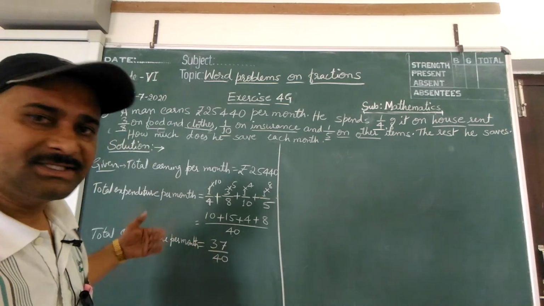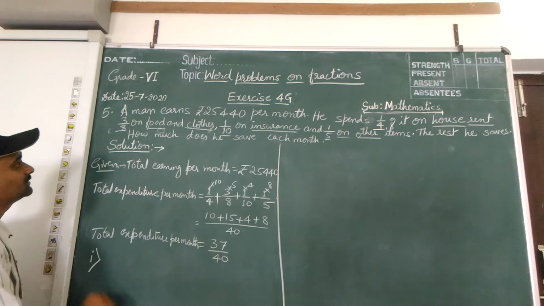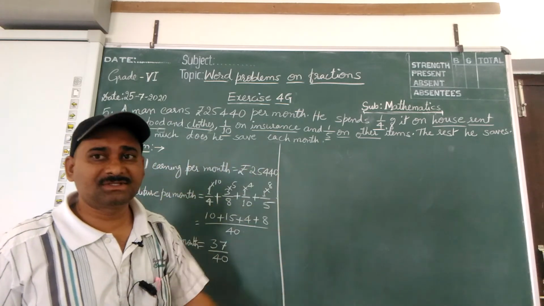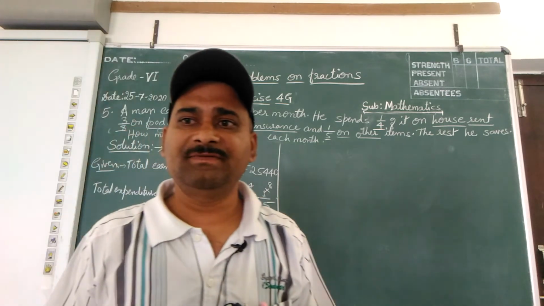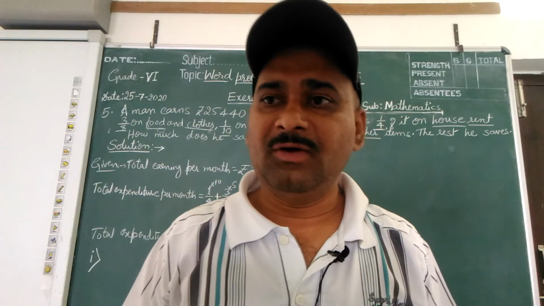So how do we get this as an answer, children? The first question is, how much does he save in a month? First we have to find the expenditure, then only we will get how much he saves.